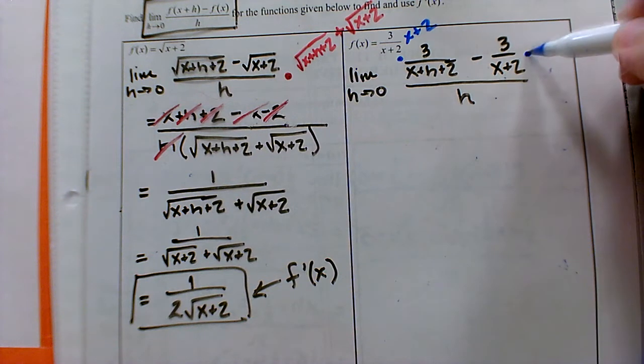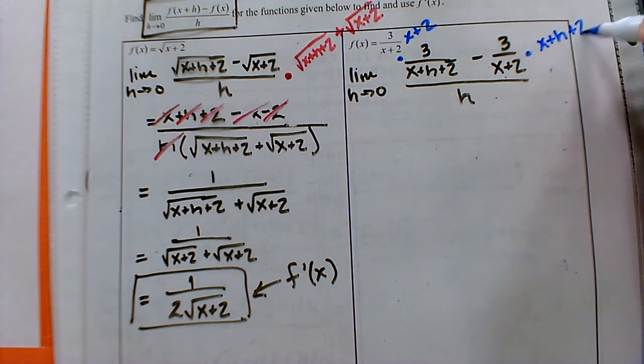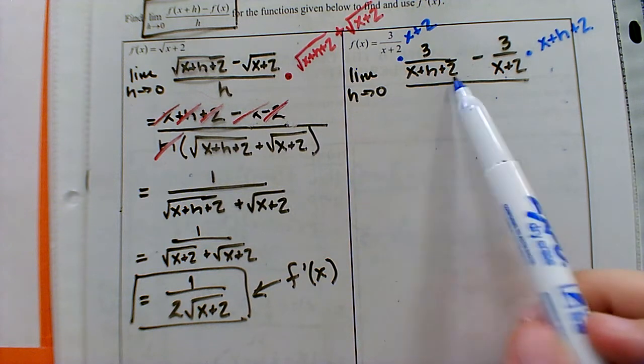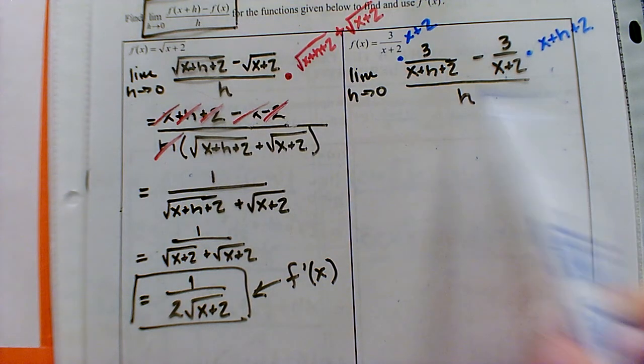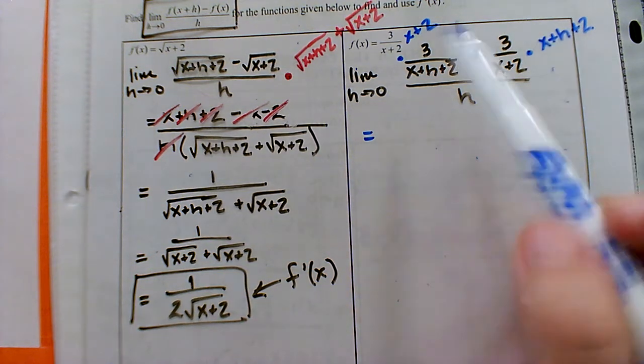So that means we're going to have to multiply the second fraction by x plus h plus 2. Okay, its opposite denominator on top and bottom. Okay, so let's go ahead and do that.